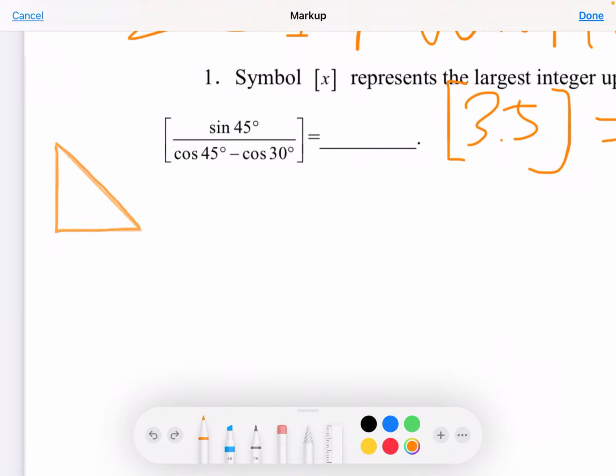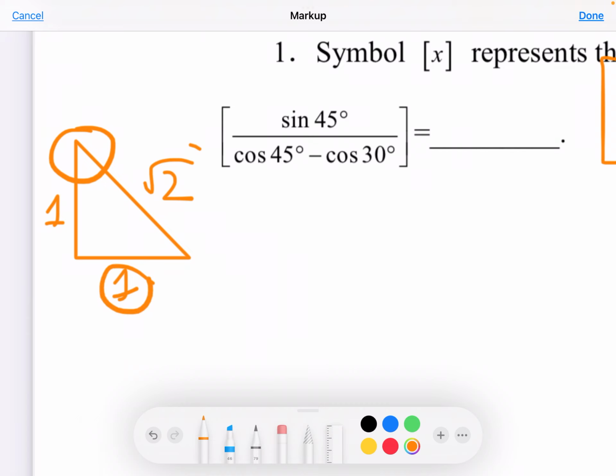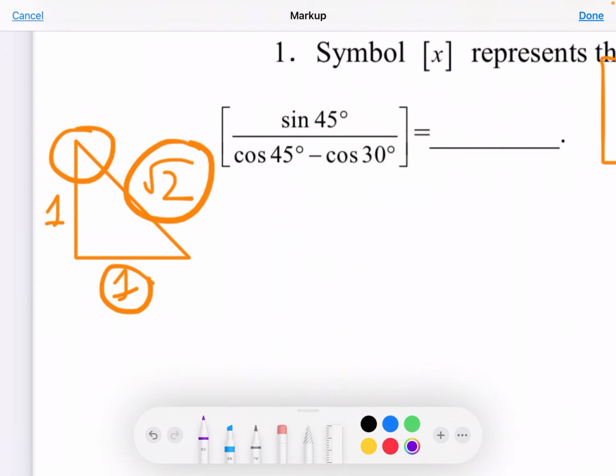For sine 45 and cosine 45, we can use the 45, 45, 90 right triangle, or the isosceles right triangle. The sine would be the opposite over the hypotenuse, so that would be 1 over square root of 2.